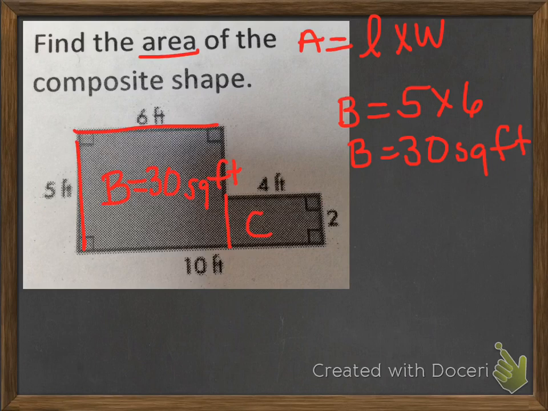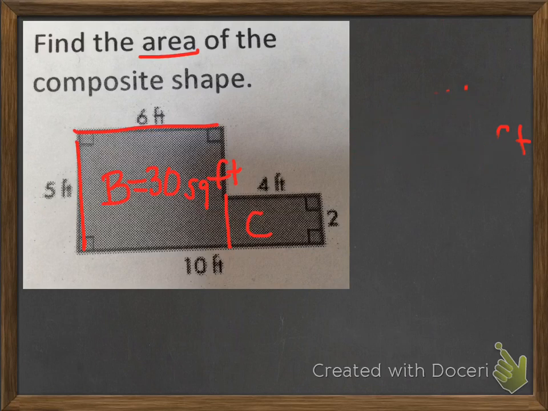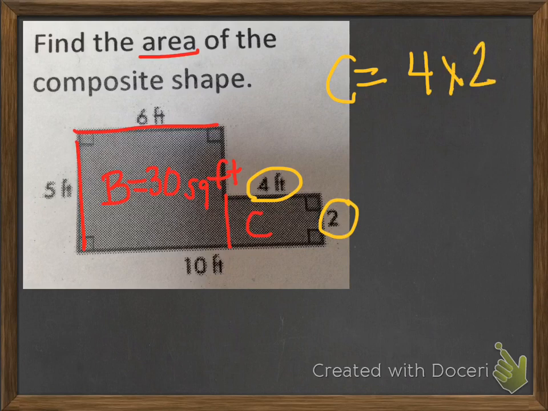Now I'm going to find the area for the other shape. So C is equal to 4 times 2. 4 times 2 is equal to 8 square feet.